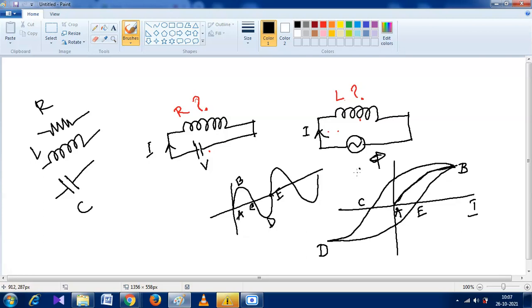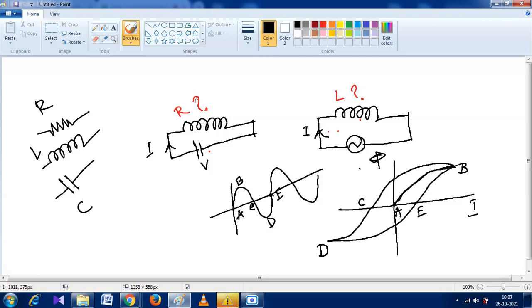Yes, sir. It is now clear to you how the curve is generated? Yes, sir. First, tell me, which point are we starting from? We are starting from point A.